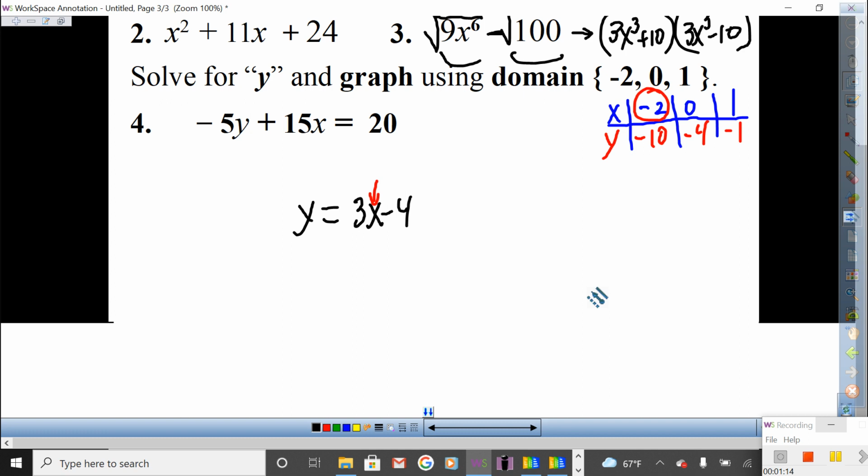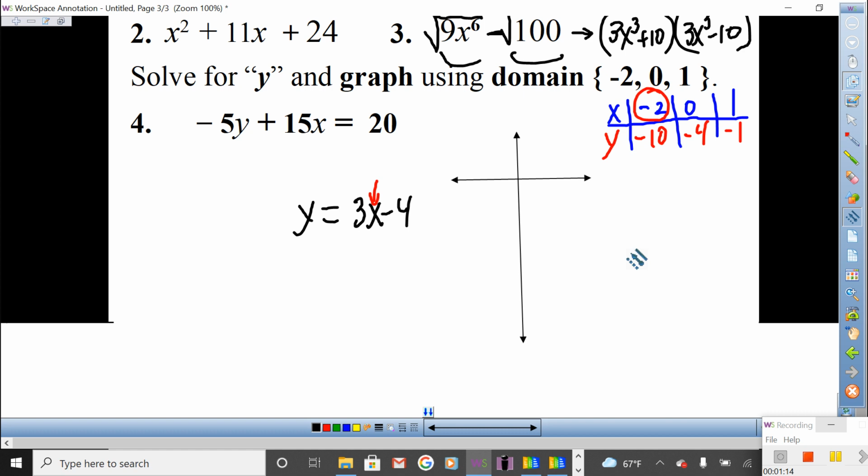Does that make sense? All right, so that means I'm going to move my x-axis as far up as I can, and I'm going to make it longer from the bottom. So my x-axis is negative 2, negative 1, 0, and 1. Okay. So for these three, yes?